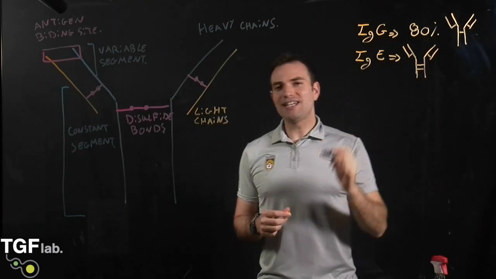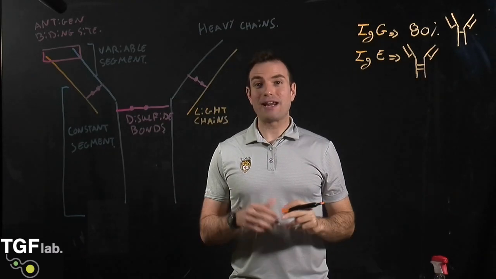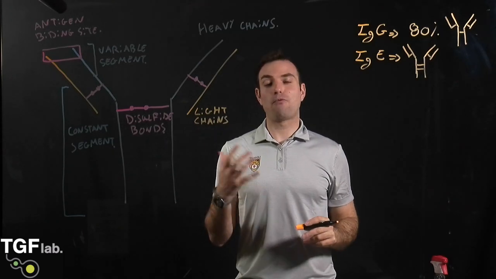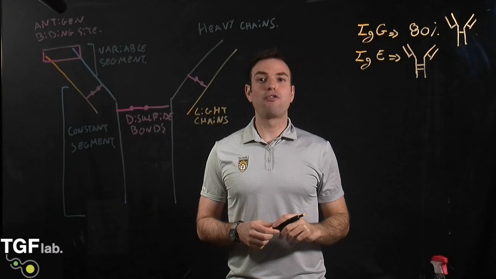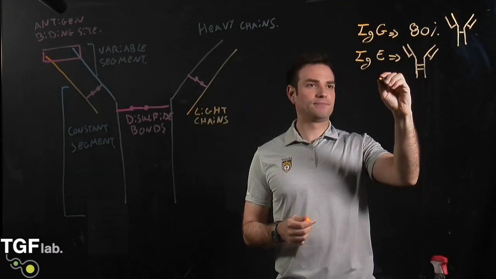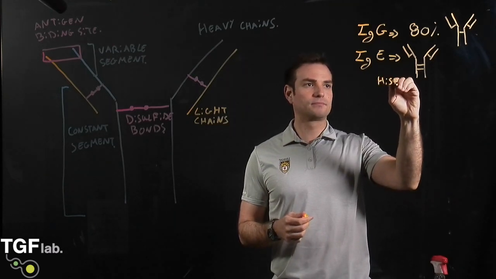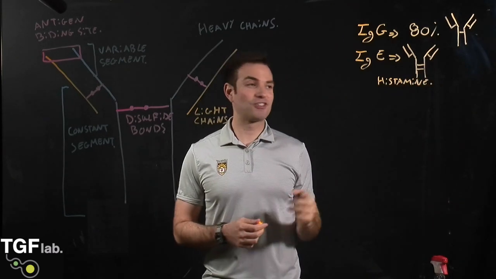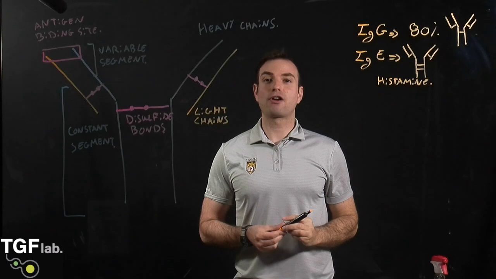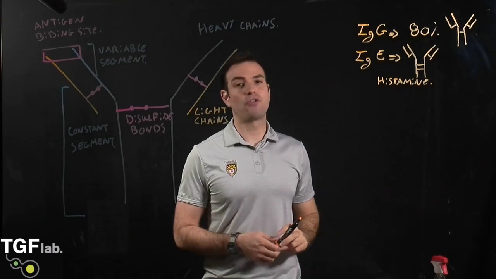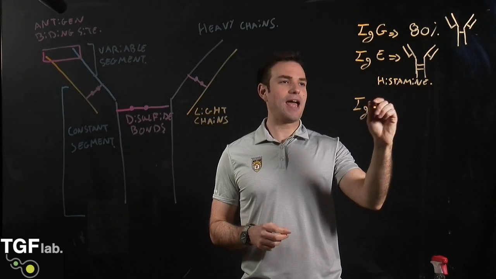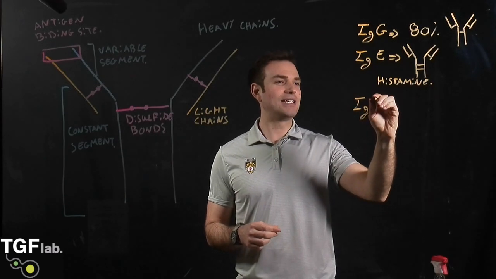So these IgEs are going to interact with basophils and also with mast cells for the secretion of histamine. If you remember from the previous lecture, histamine is really important for the early inflammation, and it's also very important for allergies.